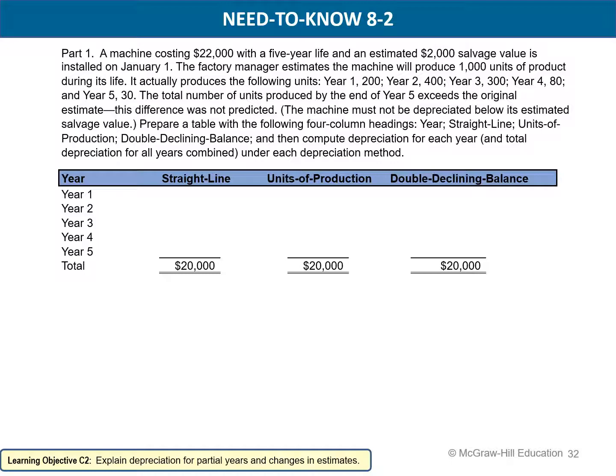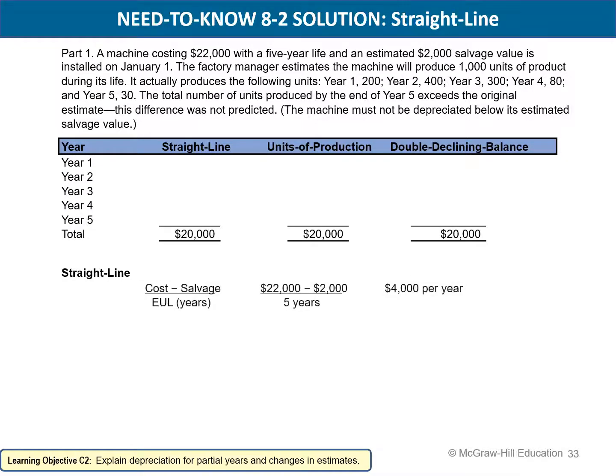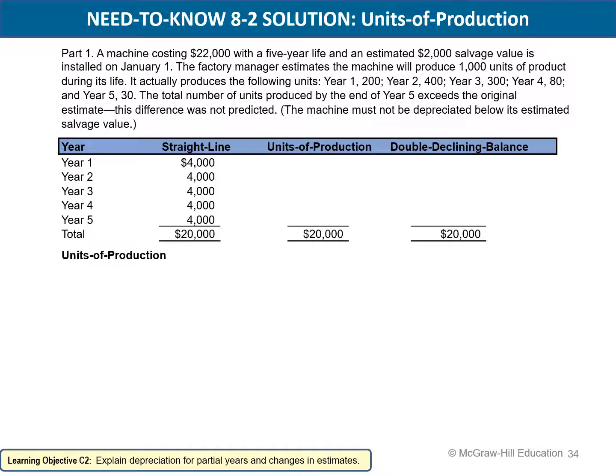Under the straight line method, we've got our cost less our salvage divided by 5 years. So 22 minus 2 divided by 5 is 4,000 per year. So under straight line, you get $4,000 each year.